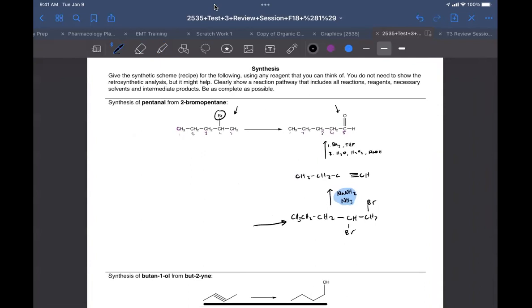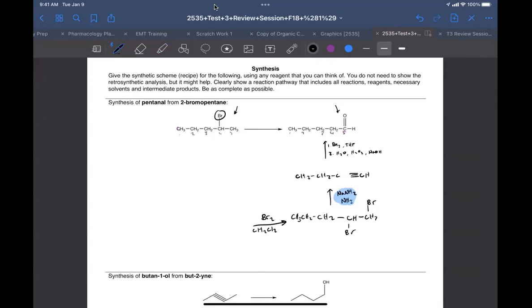It's one of your test 2 reactions. Whoa, someone said it.